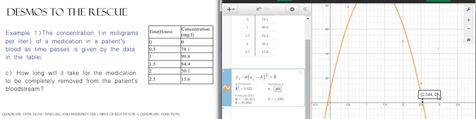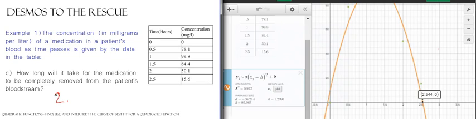So here we can see that we reach a concentration of 0 after 2.544 hours. And so this x-intercept, this root, tells us where that is. So in this case, how long will it take? Well, it will take 2.544 hours for that medication to completely leave their bloodstream.